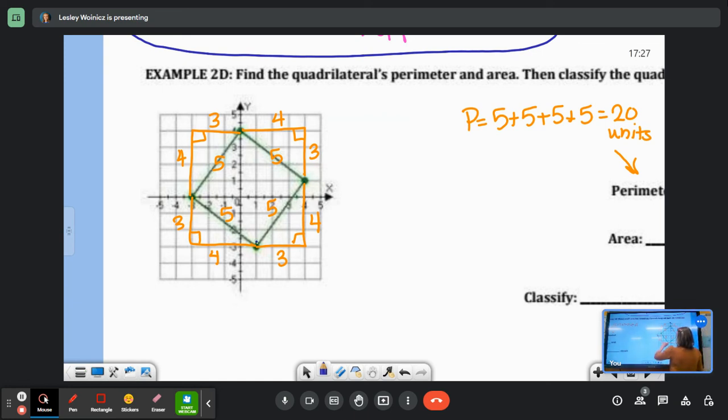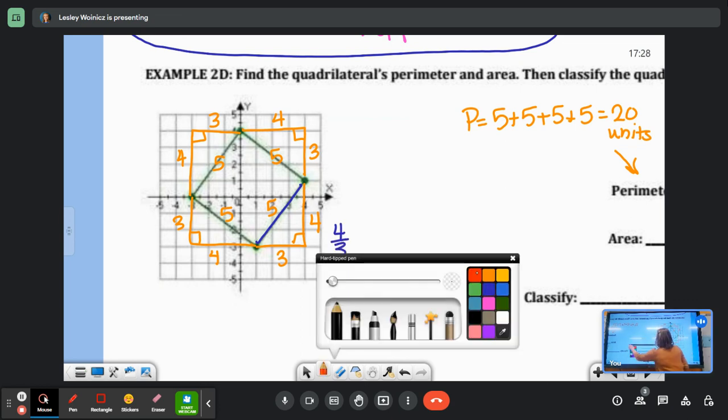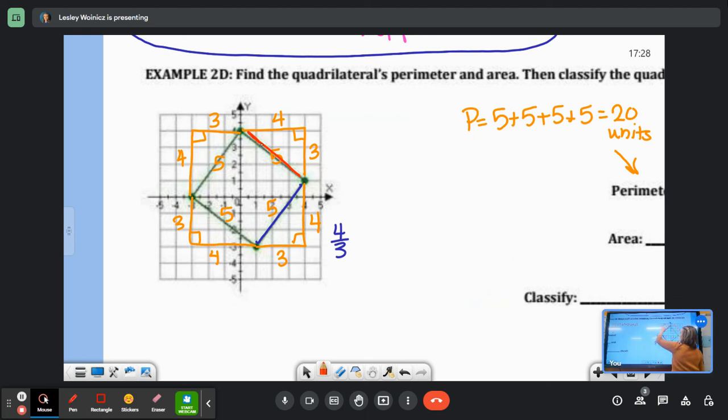The slope for this side is up 4, right 3. Now we need this slope here to be down 3, right 4, which it is. You can see that it's going down 3, right 4.